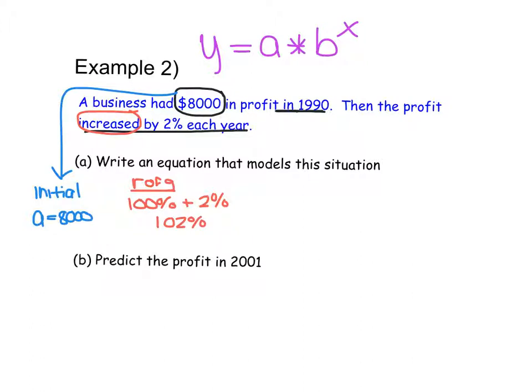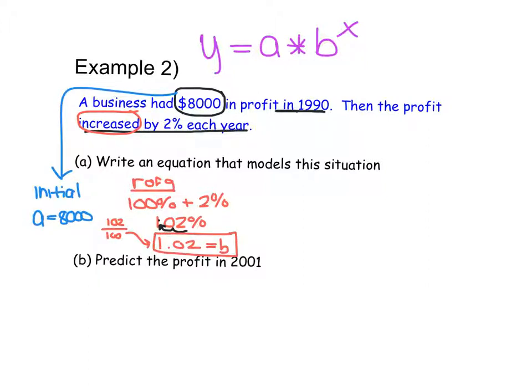It means that my profit is increasing over time. So then I need to turn my percent into a decimal value that I can work with. So I'm going to move the decimal over 2 spaces. So we have 1.02. The other way you can figure this out is by taking 102 divided by 100. And if you divide it out, you'll get the decimal equivalent to that percentage. So here what we see is we have a b value of 1.02.